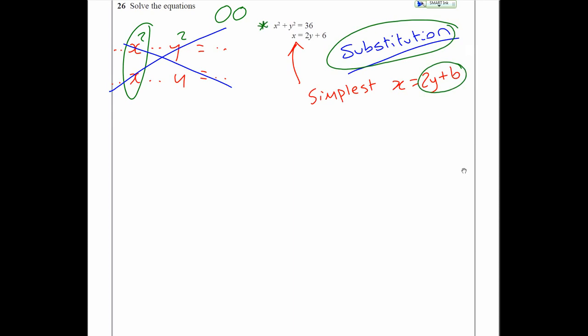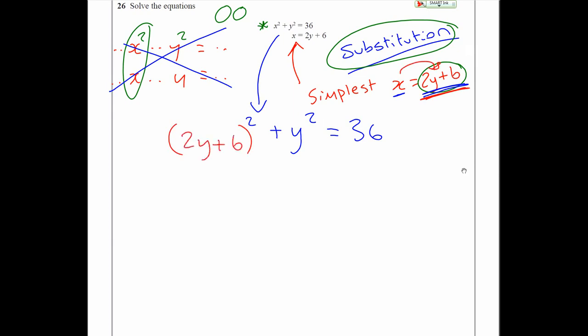Can you see it's telling us that x equals this? So let's write our more difficult equation out. Everywhere we've got x, we need to put 2y add 6 instead. Where we had x before, we're substituting for what x is equal to.